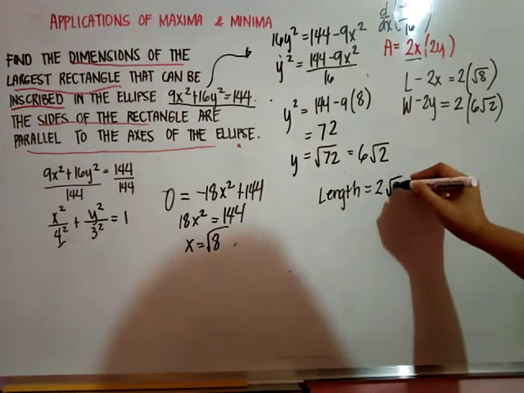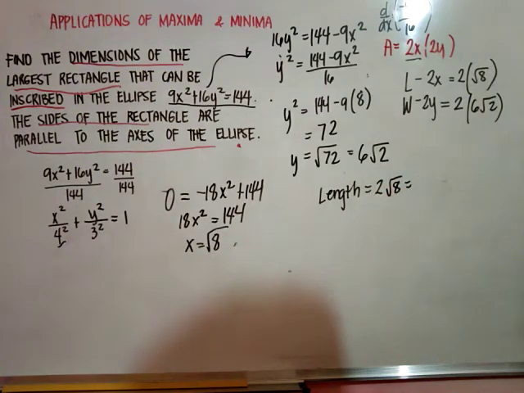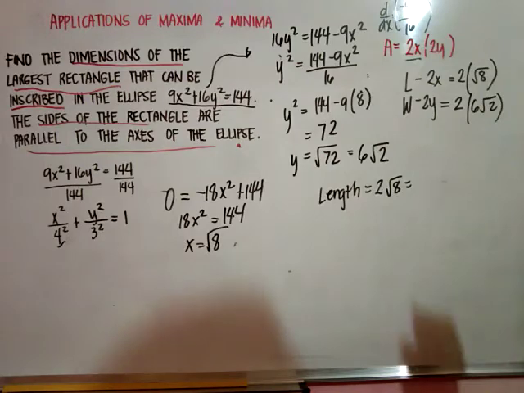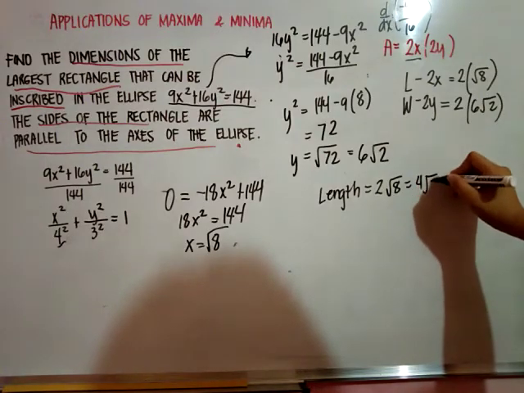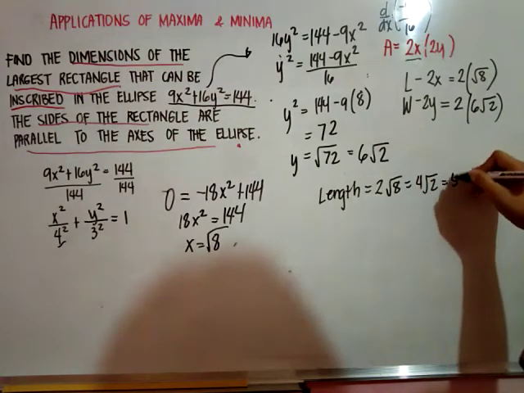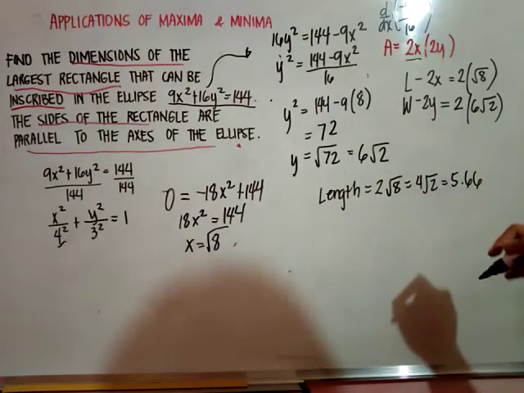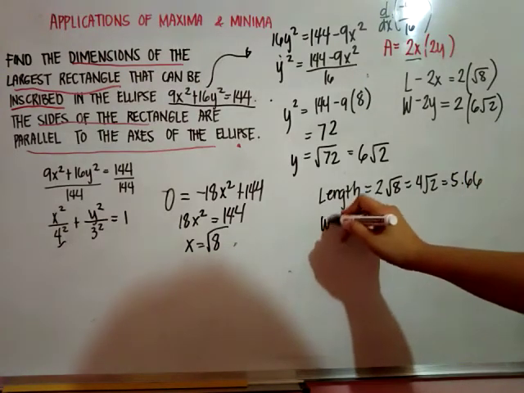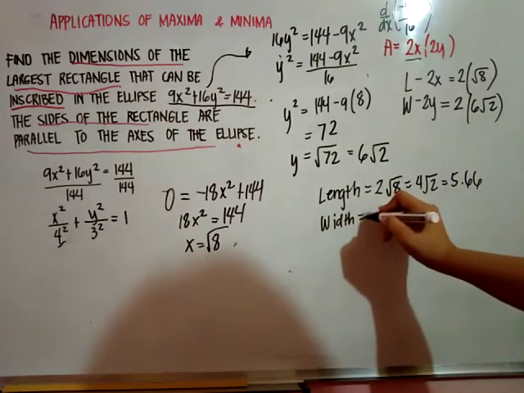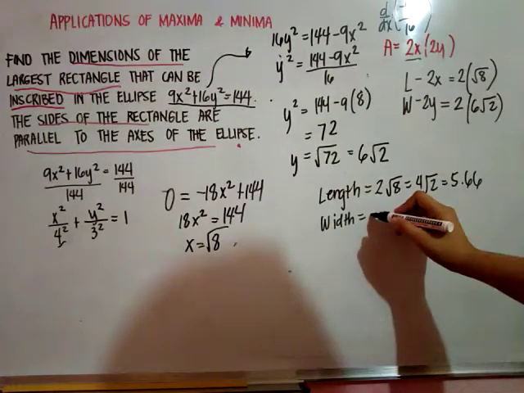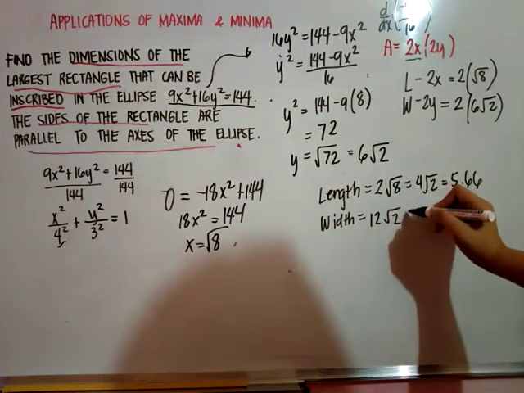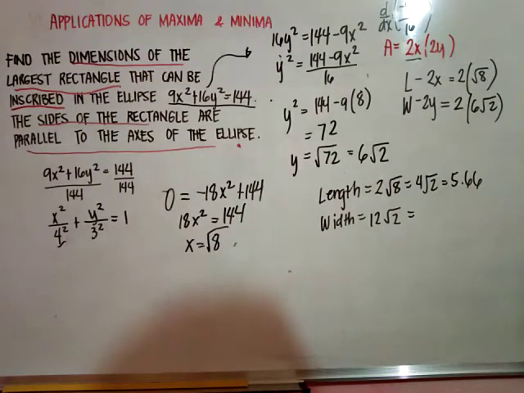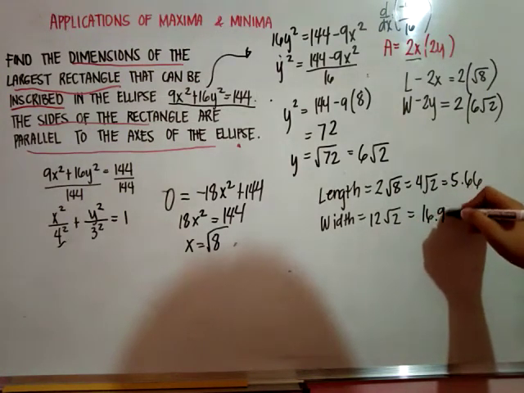ilan ba sa decimal to? 2 is square root of 8, we have 4 is square root of 2 or 5.66. And then for the width or height, 12 is square root of 2. So we have 16.97.